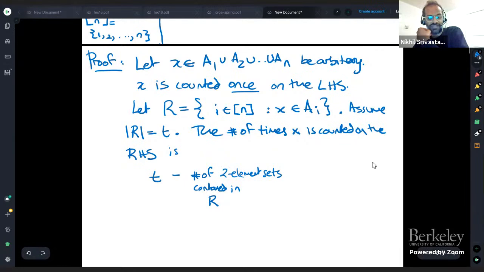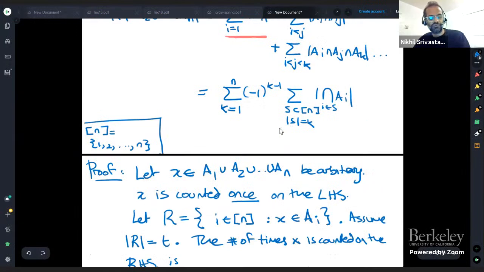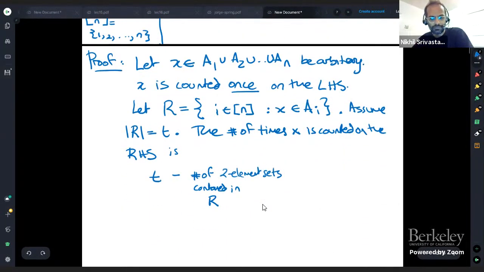It's kind of a subtle step. So I'm saying that, how many times does it appear in the second term here? Every time there's a pair of indices that are both in R, you're going to pick up a -1. So that's how you get this quantity.